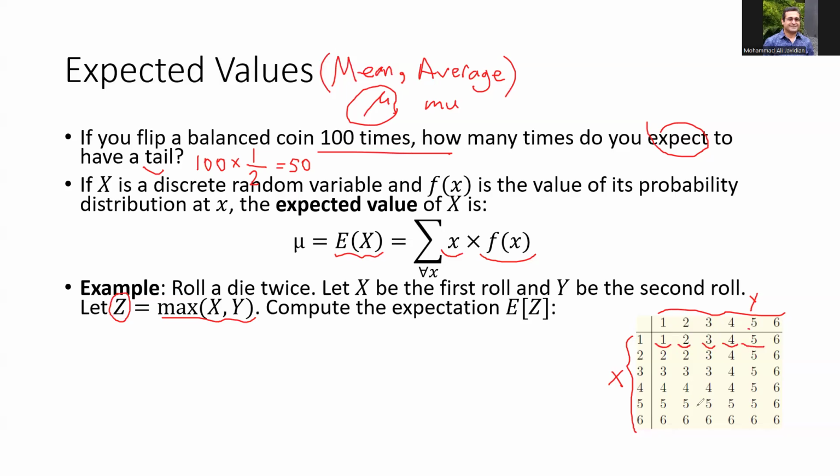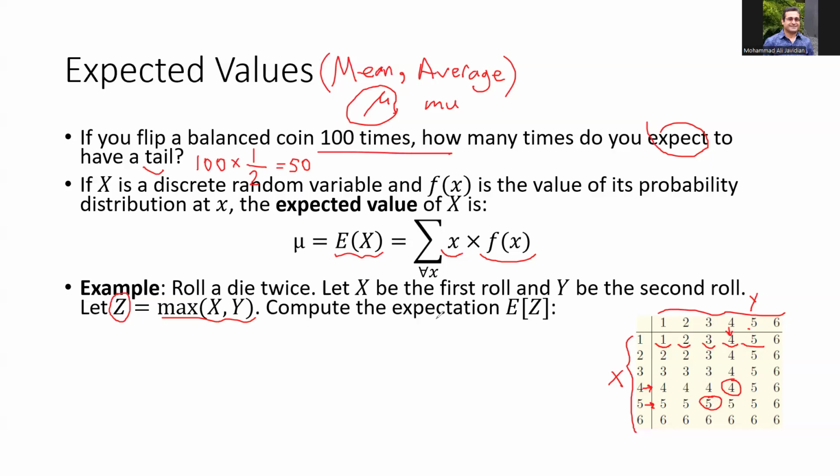And for example, if the first one is 4 and the second one is 4, the maximum is 4. If the first is 5 and the second one is 3, the maximum is 5.